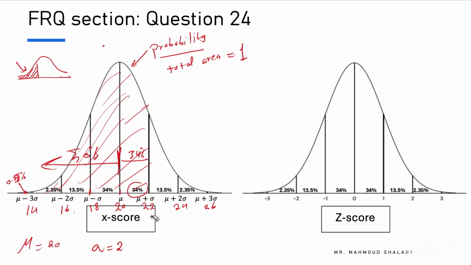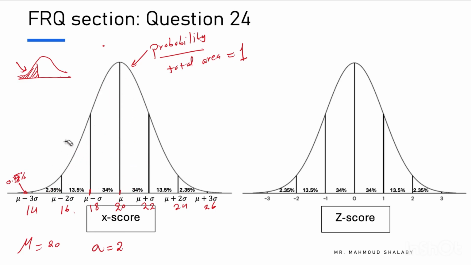Now, let's say why we will use the coded data, or the standardized data, or the z-scores, whatever you call it, why we are using them now. If I'm asking you in the same question to find the probability of 19, what will happen? I will check all of these numbers. I have 20 here, and 19 should be on the left side of 20, here is 18, but I don't have a 19 on any of the lines here.